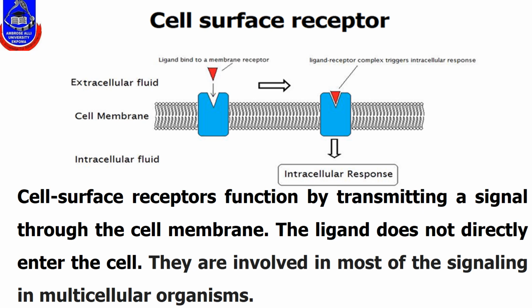Now, cell surface receptors function by transmitting a signal through the cell membrane. The ligand does not directly enter the cell membrane. They are involved in most of the signaling in intracellular organisms.